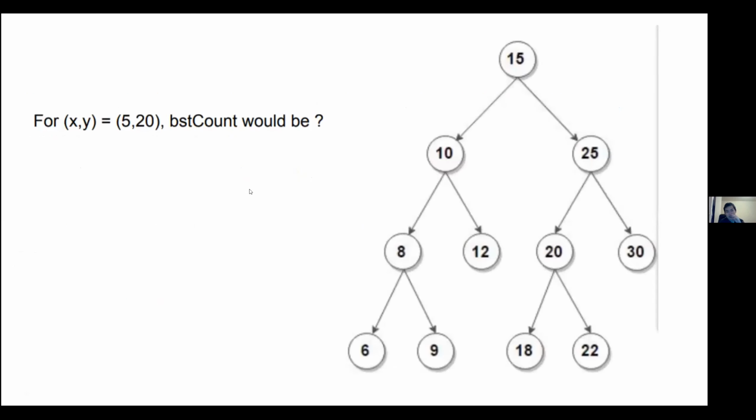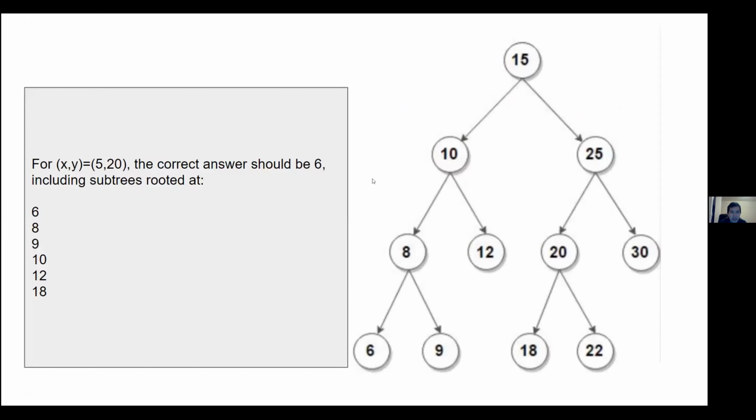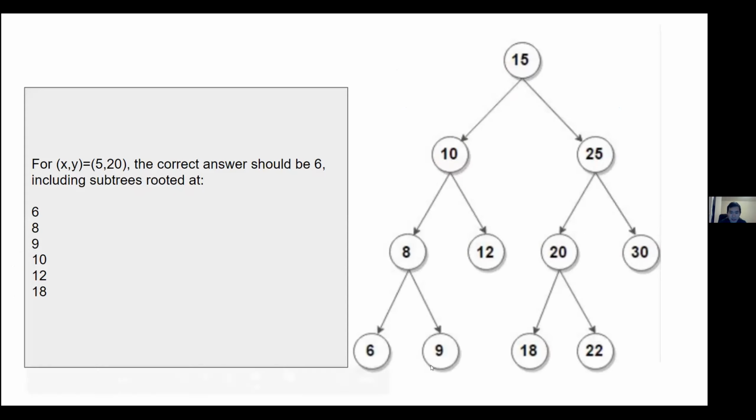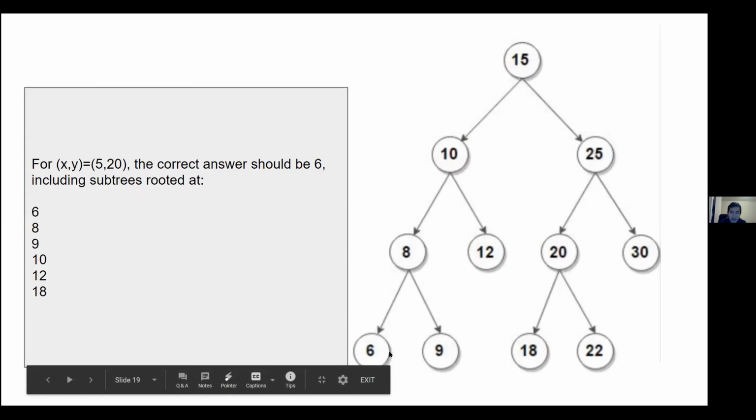Just as an example, suppose we have a BST like this, and our range is from 5 to 20. How many subtrees are there in this range? Well, there should be 6, because the subtrees rooted at these numbers are completely within the range. 6, the subtree is just itself.